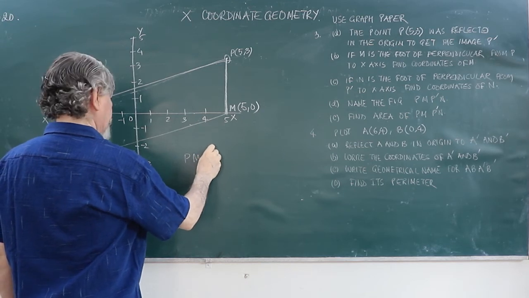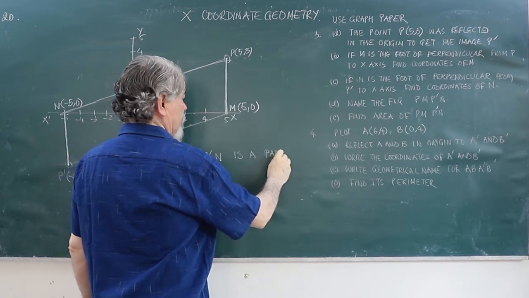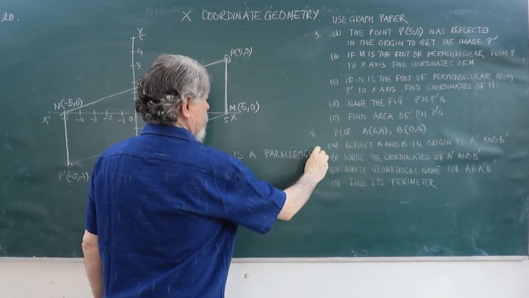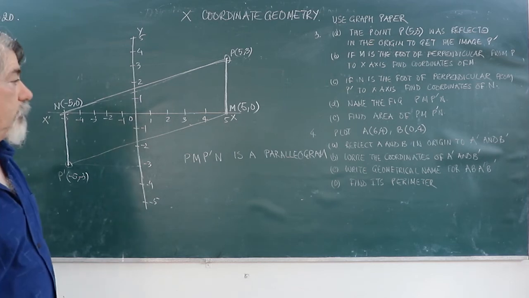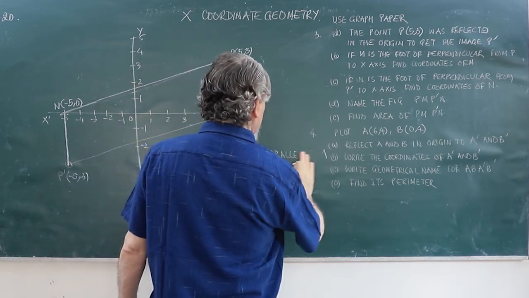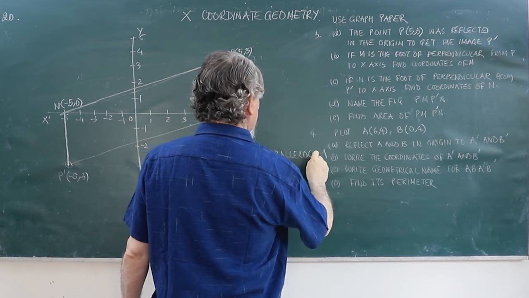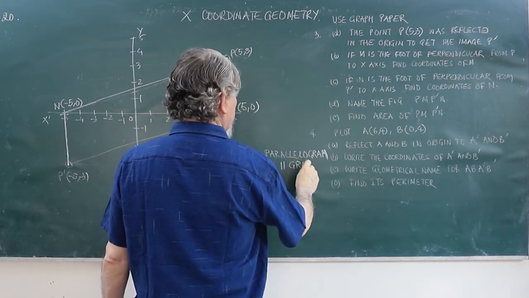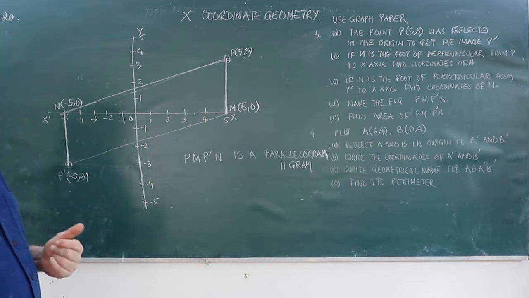PM P dash N is a parallelogram. Now he says find area of PM P dash N.